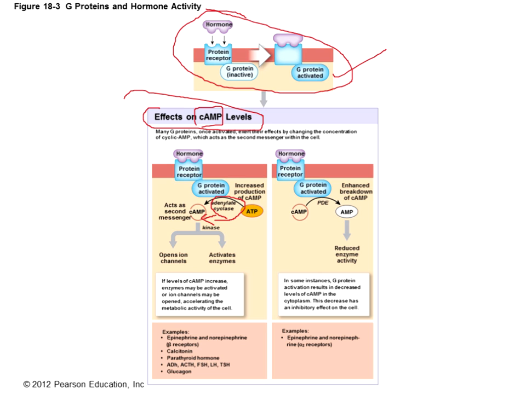Adenylate cyclase then increases cyclic AMP, which acts as a secondary messenger. Secondary messenger cyclic AMP can then cause ion channels to open or activate enzymes. And if you see cyclic AMP increase, you're going to see many enzymes and ion channels that are activated, thereby accelerating the metabolic activity of that target.